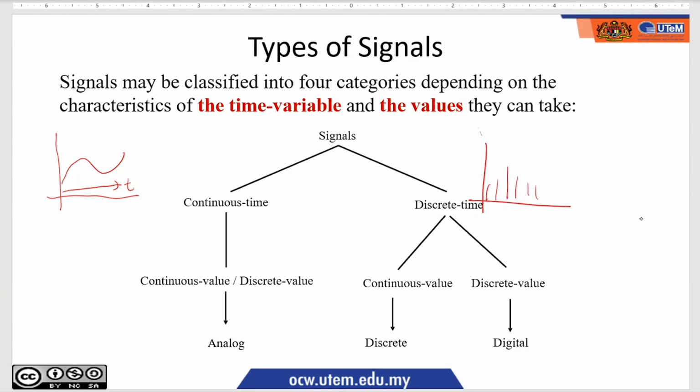This one is called discrete time, so that would be n and this one will be t. No matter what, x[n] or x(t), whatever. So this is continuous, this is discrete. If we talk about continuous, there will be things related to this one.